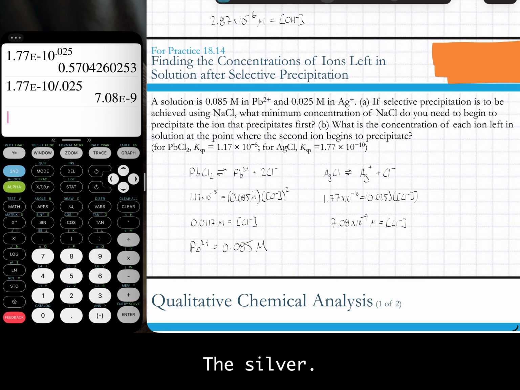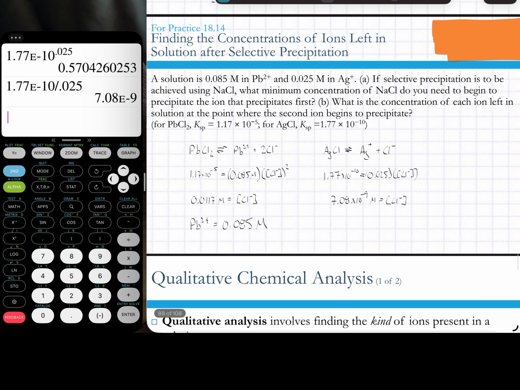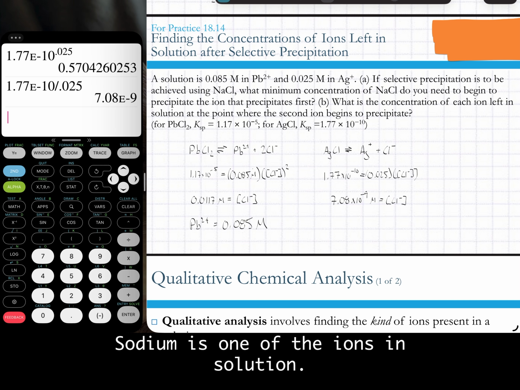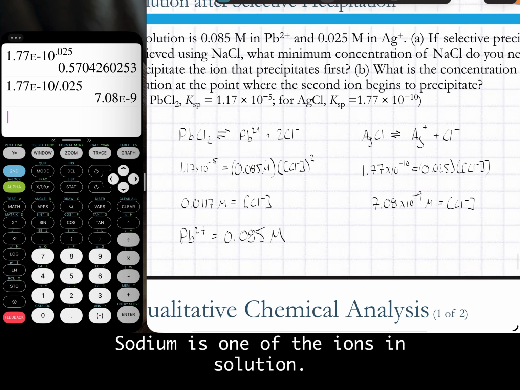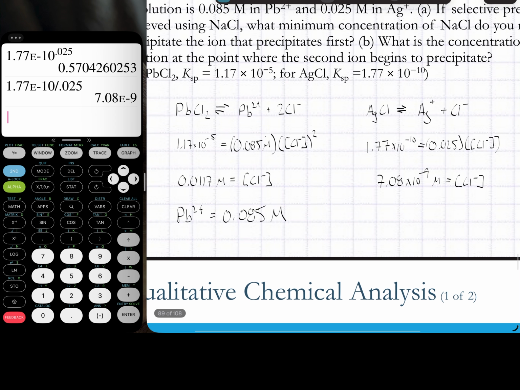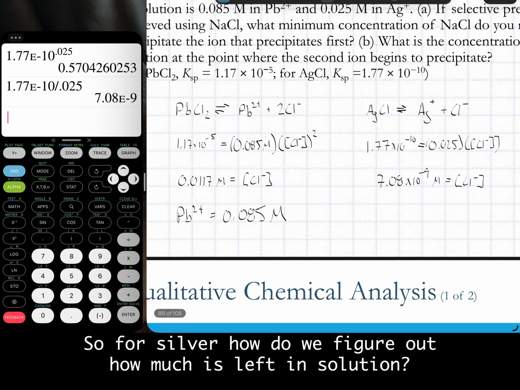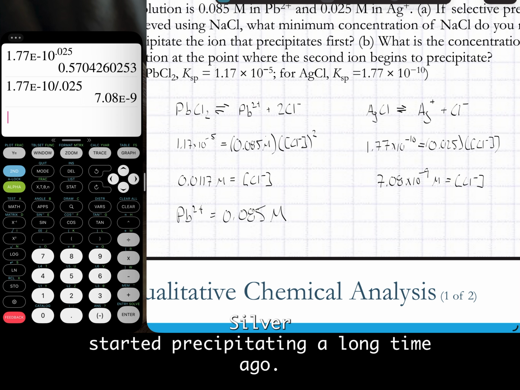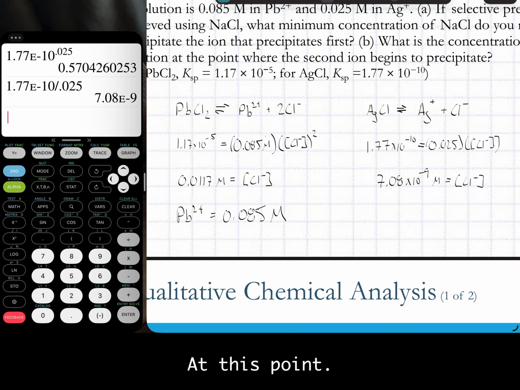The silver. I didn't even think about sodium. Sodium's one of the ions in solution, although we'll come back to that. So for silver, how do we figure out how much is left in solution? Silver started precipitating a long time ago at this point.